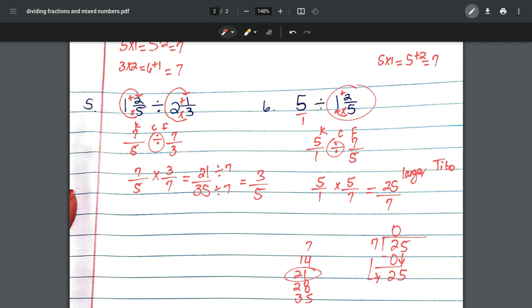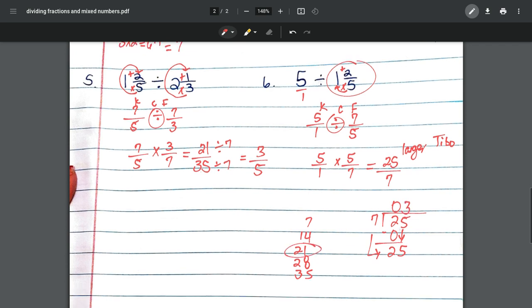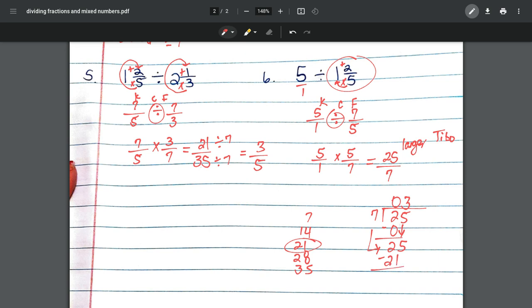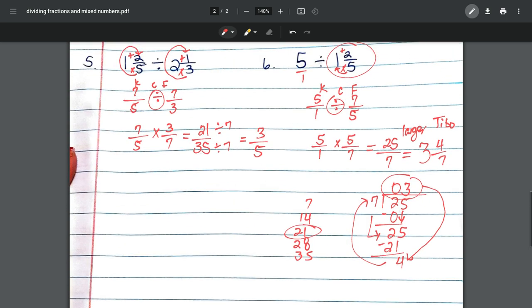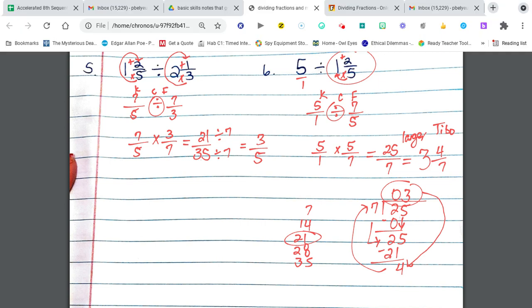Well, the closest I can get is 3 groups. And I'm going to subtract the 21, the number I circled, and write this as a mixed number. So that's going to be 3 and 4 sevenths. And that's all you do for dividing fractions and mixed numbers, guys. Work on the practice after this.